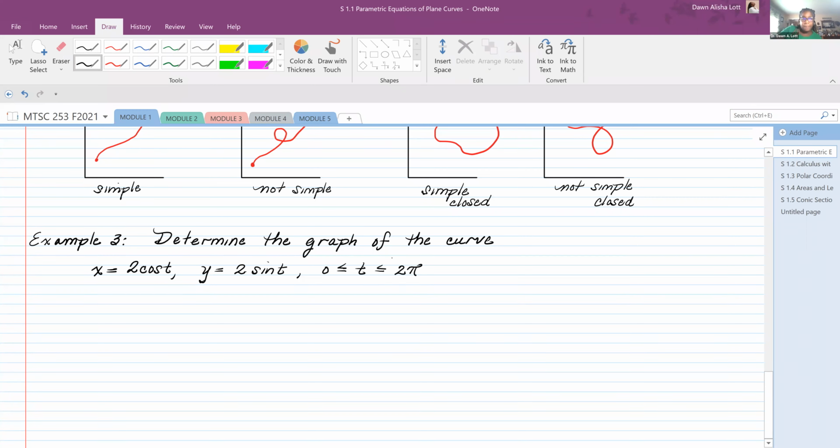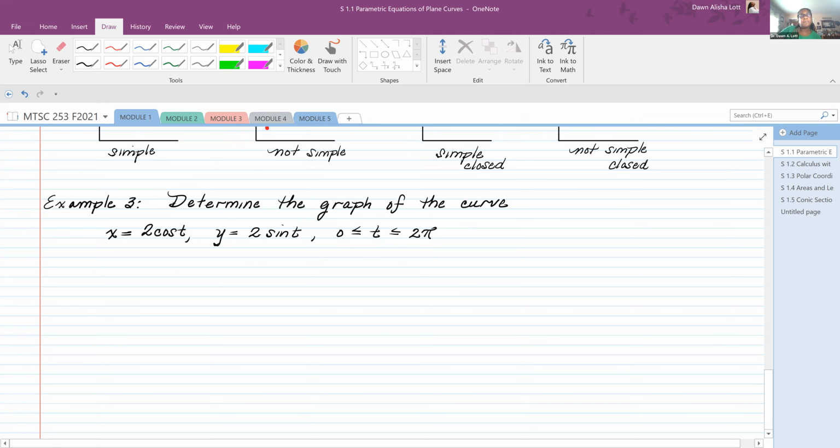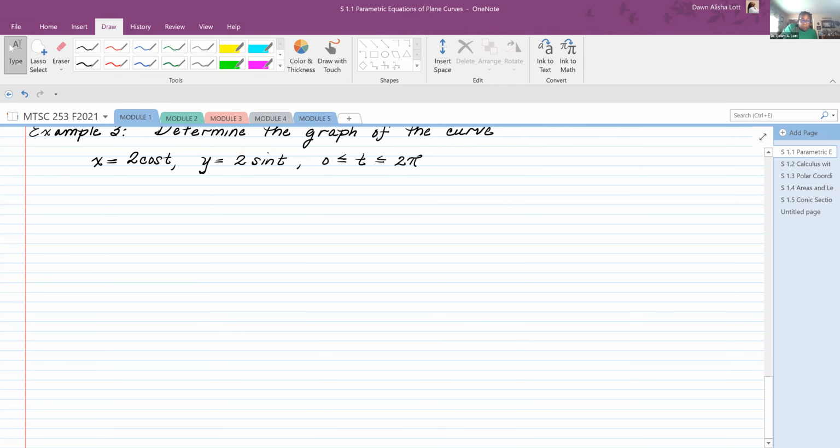Well, there's two ways I can do this. The first way is the long way, and that is to actually just graph it, starting off with t equal to 0.